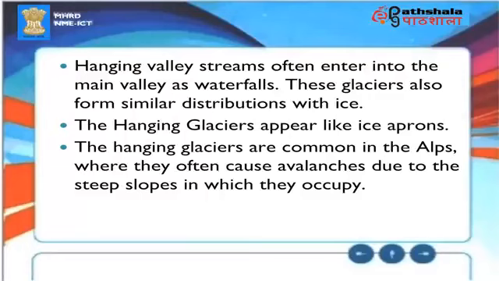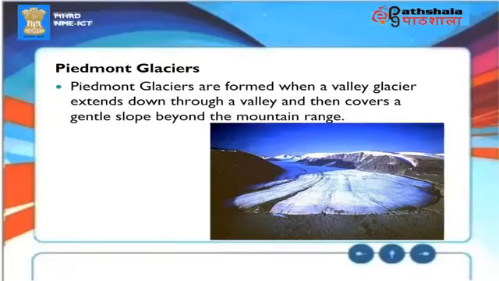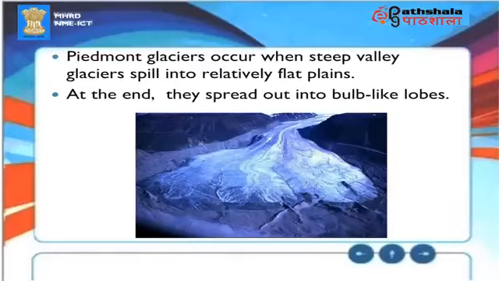The hanging glaciers are common in the Alps, where they often cause avalanches due to the steep slopes which they occupy. Piedmont Glaciers. Piedmont Glaciers are formed when a valley glacier extends down through a valley and then covers a gentle slope beyond the mountain range.